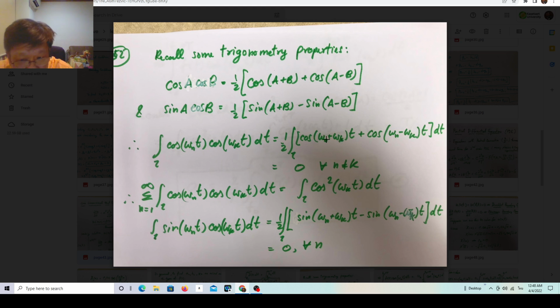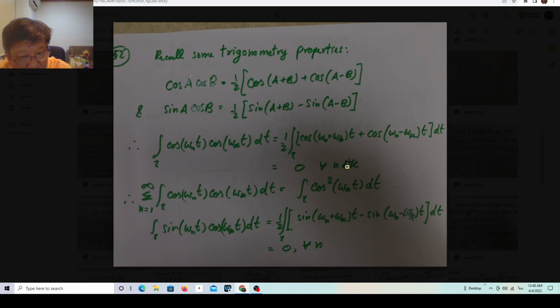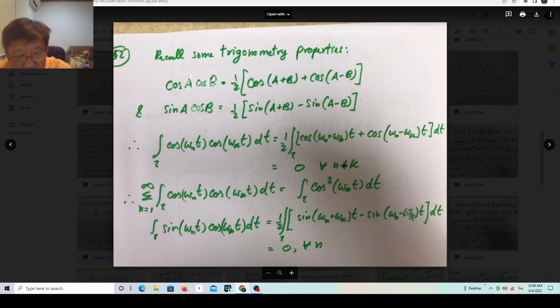Therefore, with this cos of the sum and cos of the difference, if n is not equal to k, it becomes some specific non-zero combination of omega n and omega k. So when n is not equal to k, this term is always equal to 0.